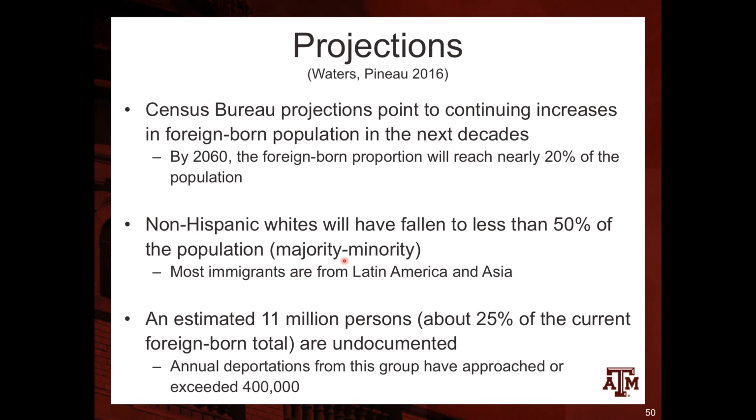So as we discussed before in our course, this is what demographers call a majority-minority population. If we group together all the minority groups in the US, they will be the majority of the population, so non-Hispanic whites will be less than 50%. And most of these minority groups are immigrants from Latin America and Asia.